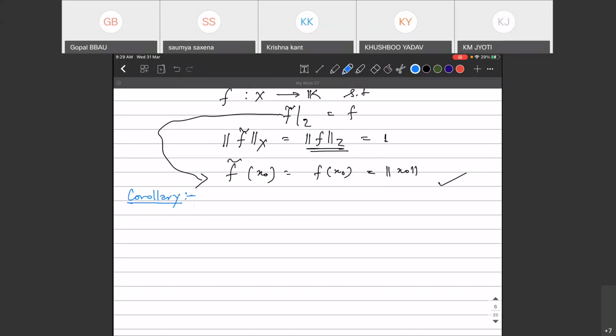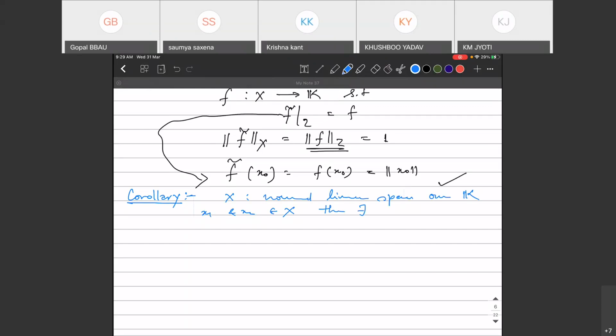So the next corollary says that from a normed space X over K, we have x1 and x2 vectors in it.